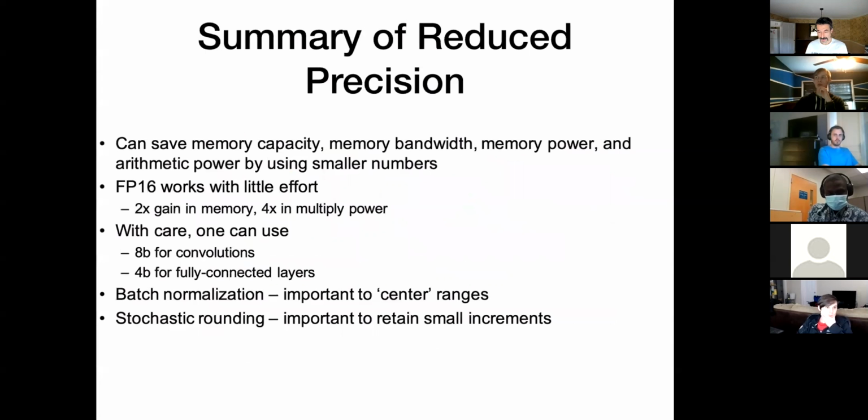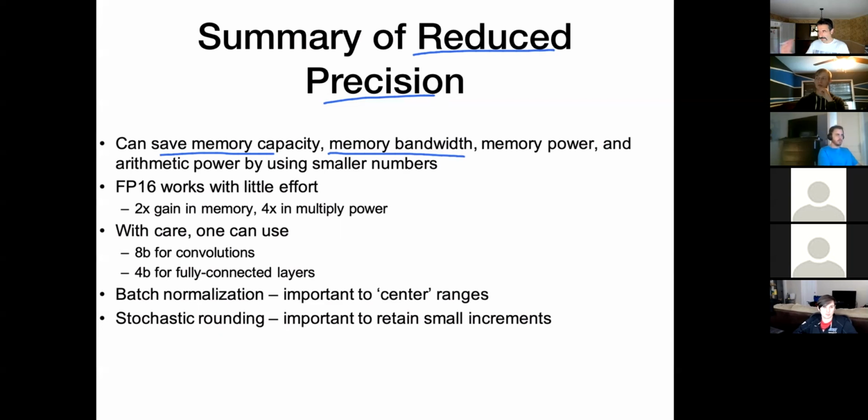So to summarize, we have reduced precision and also mixed precision. We talked about why mixed precision typically makes sense. You can save memory, you have less things to store. You get better memory bandwidth as a result of this.